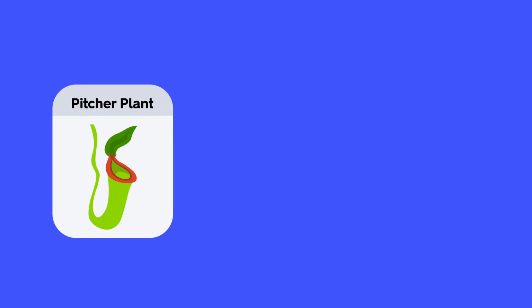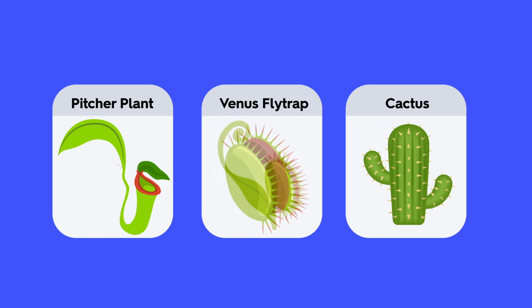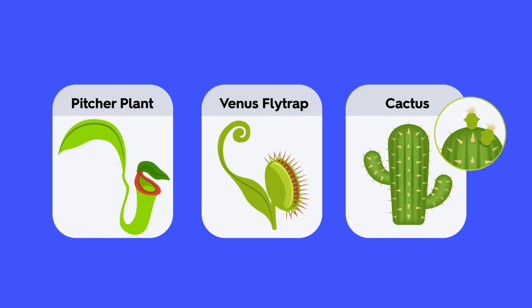Homology isn't just an animal thing. Plants give a dramatic example too. A pitcher plant trap, a Venus flytrap mouth, and cactus spines can all be traced back to the same starting structure, a leaf that became highly modified. What matters here isn't what they do, but where they come from.